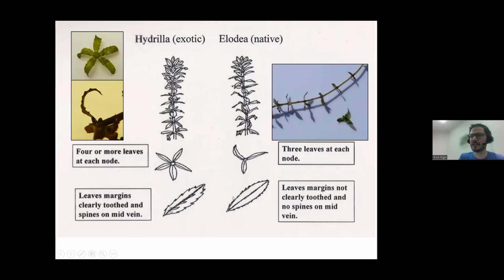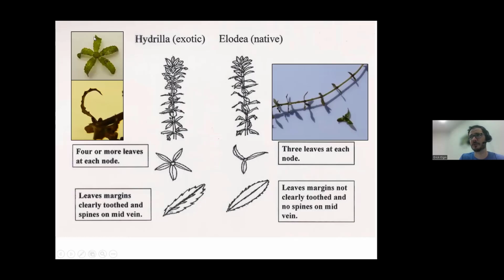Elodea, if you use magnification, you might be able to see some minute teeth, but there are no teeth you can see with your naked eye, or on the bottom part of the leaf. Also, Elodea typically only has 3 leaves per whorl. 1, 2, 3. Here it is again, 1, 2, 3. Compared to 4 or more leaves on Hydrilla.